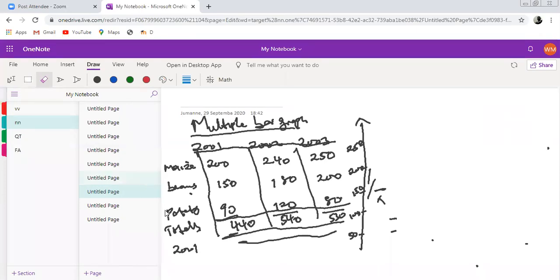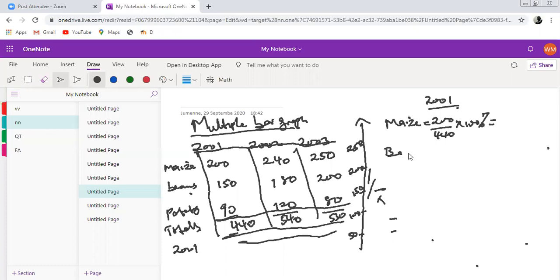I'm talking about the year 2001. The total was 440. So you express this as a percentage. If we start with the maize, you calculate 200 over 440 times 100%. You convert it into percentage.